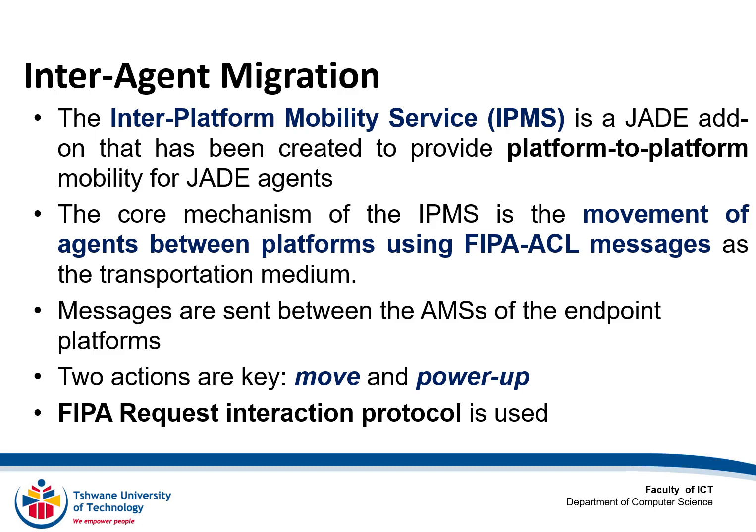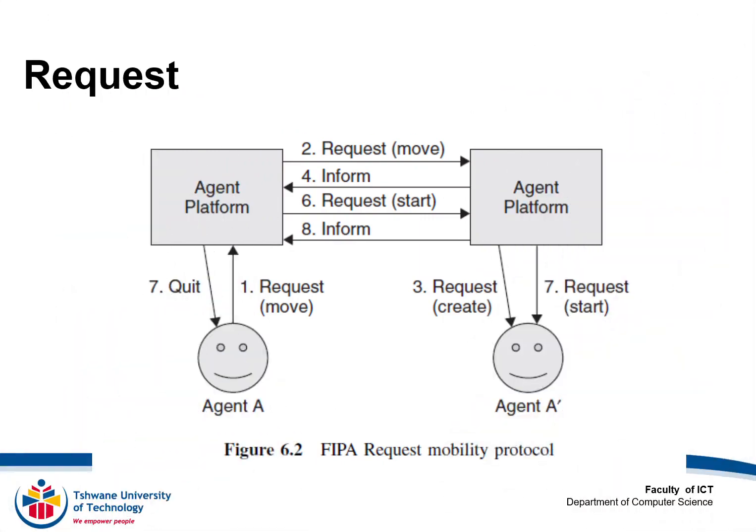The two very important actions in this case are your move method and the power up method. One enables you to move the agent over to another platform, and the other restarts the agent on the other side. The FIPA request interaction protocol is therefore used for inter-platform migration.